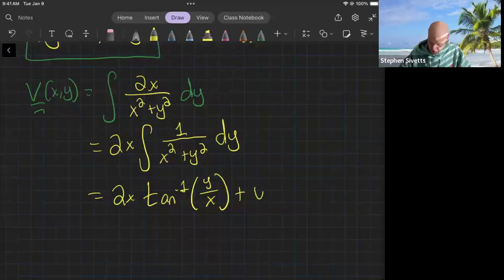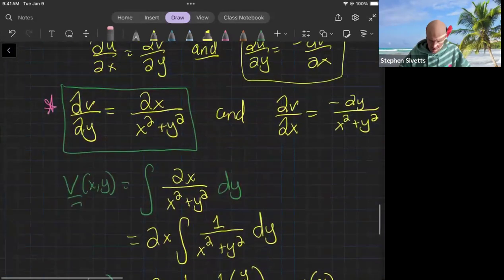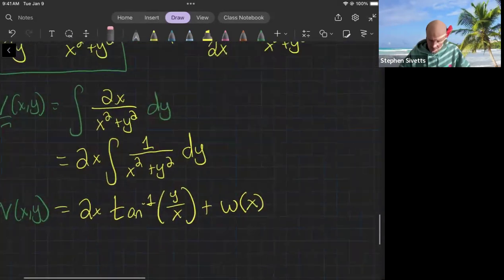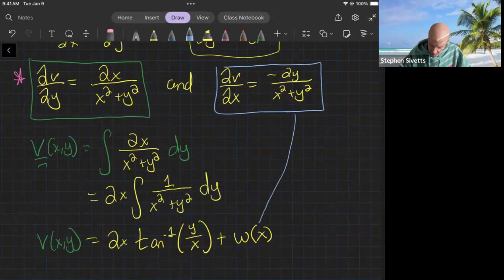Now this constant would be a function in x, right? Keep in mind, we're integrating with respect to y. So what we can conclude is that a function v of x y looks something like this form. And the next step we want to do is incorporate the second equation into this solution here, into that equation on the bottom.